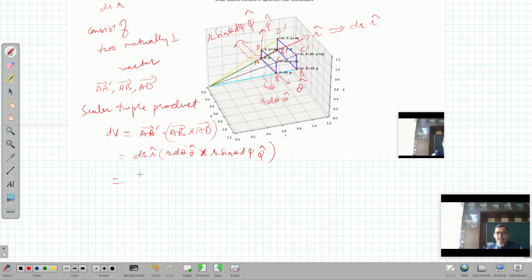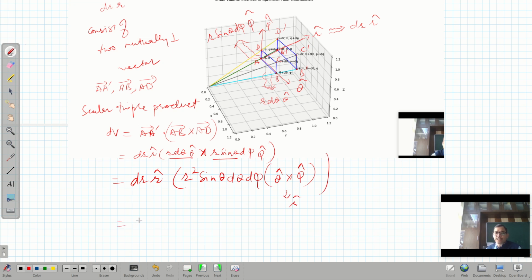It will become dr r cap and here, putting both together, r square sine theta d theta d phi, and theta cross phi is nothing but r cap.